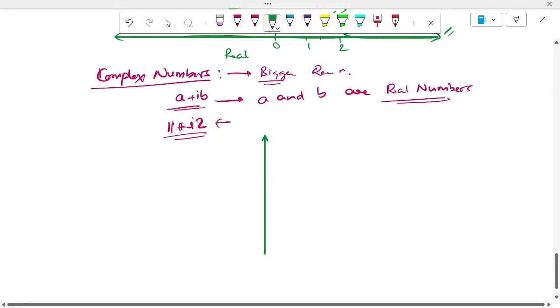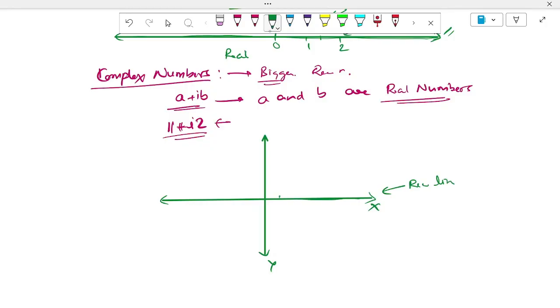Now let's imagine that we have an x-axis and y-axis. This is our x-axis and this is our y-axis. If you consider this as a real line, you will have 1, 2, 3, 4, 5 and so on. Actually this is going to take values of a. And if you consider this part, minus 1, minus 2, minus 3, 1, 2, 3.